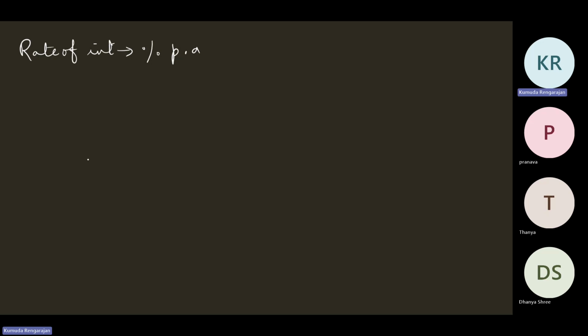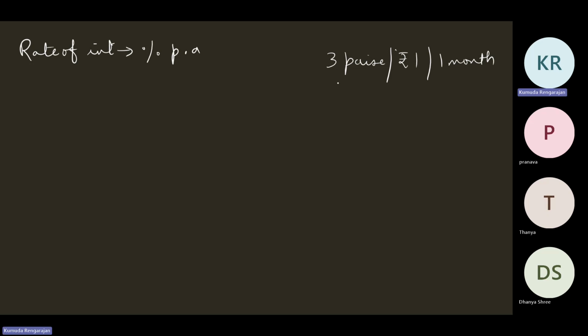The simple interest of rupees 100 at the rate of 3 paise per rupee per month. 3 paise per rupee. Per rupee meaning for rupees 1 per month. Okay. So how to find the percentage?